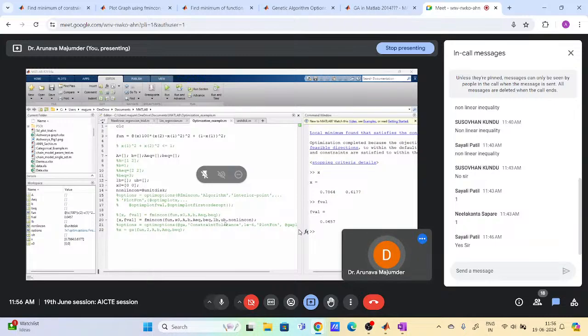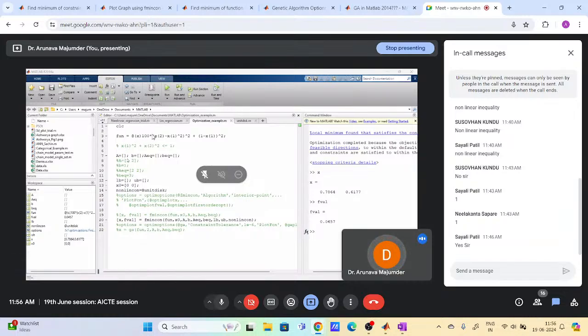But here in this particular problem, capital A and small b, AEQ, BEQ, nothing is there. No other constraint is given except the nonlinear constraint. So how to define AEQ and BEQ when nothing is given? Simply use a blank matrix.